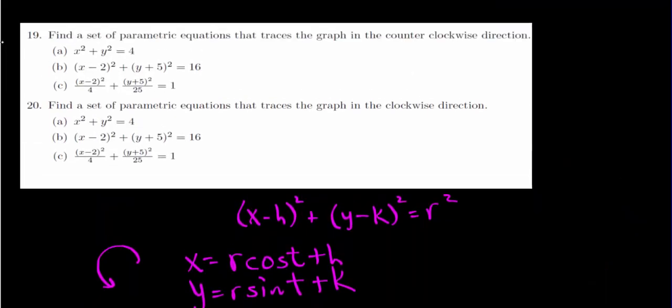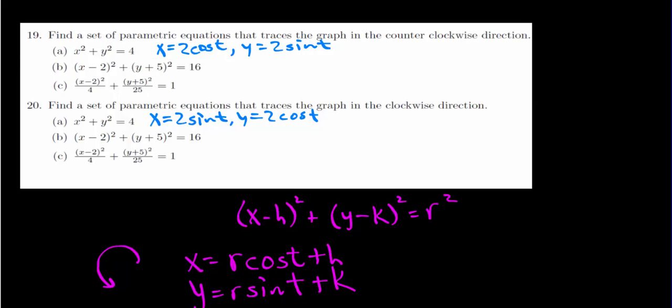So if you go up and look at these ones, this is x is equal to 2 cosine t, y is equal to 2 sine t. Now that's going counterclockwise. Clockwise would be x is equal to 2 sine t, y is equal to 2 cosine t. Yeah, no worries.